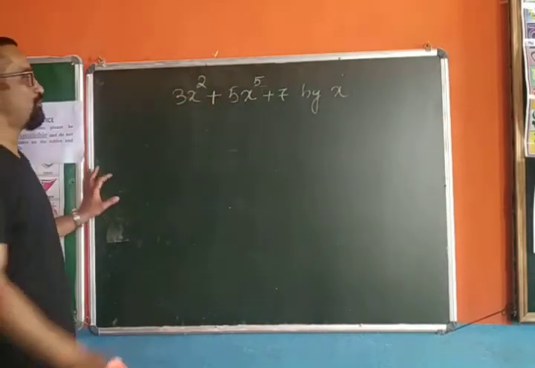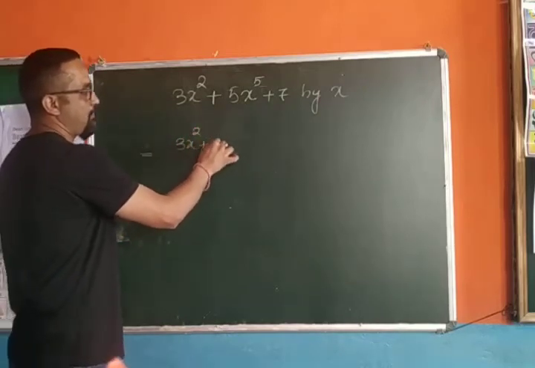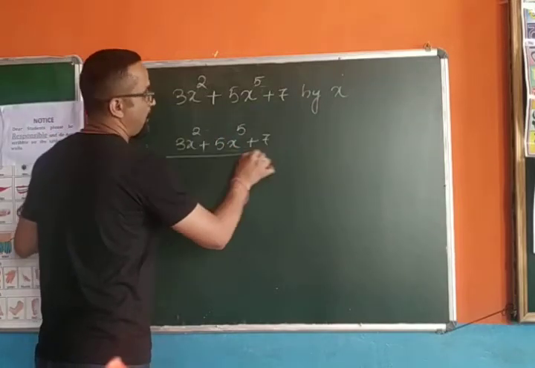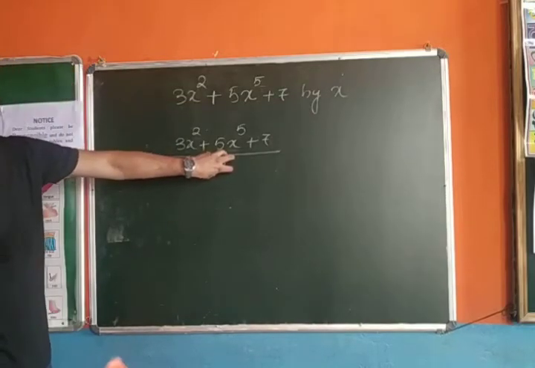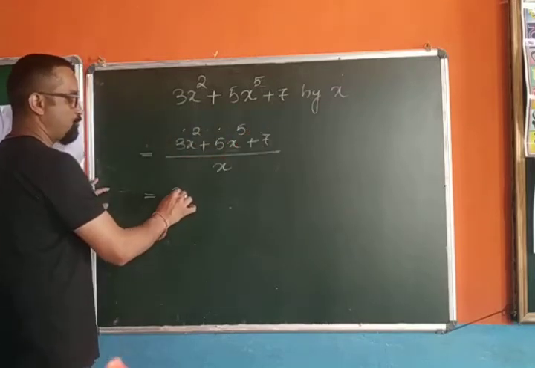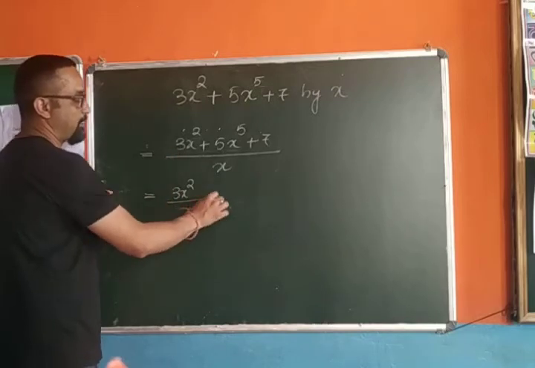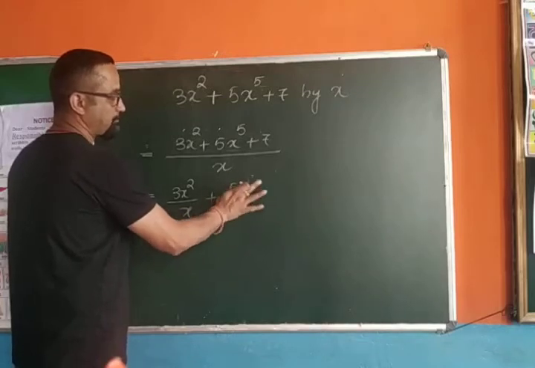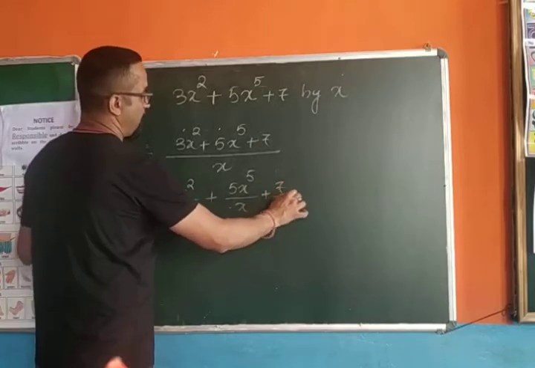So what you have to do, you copy this term at numerator. 3x squared plus 5x to the power of 5 plus 7 divided by x. You have single denominator and there are 3 numerators. Each will divide individually. First you divide by x, plus divide by x, the second one. Then divide third one, 7 by x.